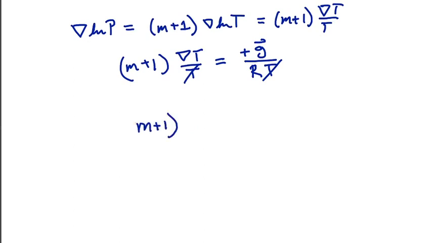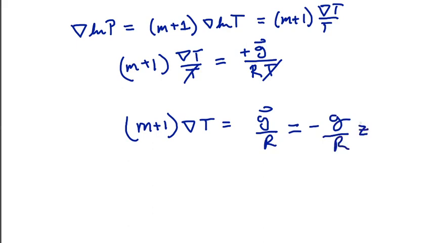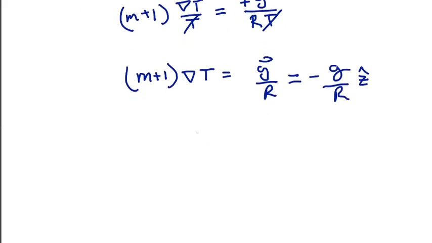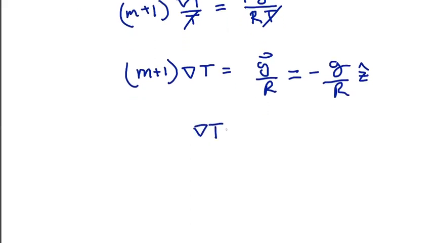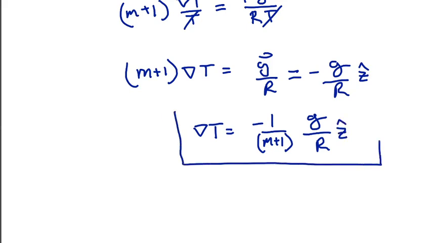M plus 1 grad T is G vector over R, or minus G scalar over R in the z hat direction, and grad T is equal to minus 1 over m plus 1, our polytropic index, times G over R in the z direction. That is our temperature gradient for a polytropically stratified ideal gas atmosphere.